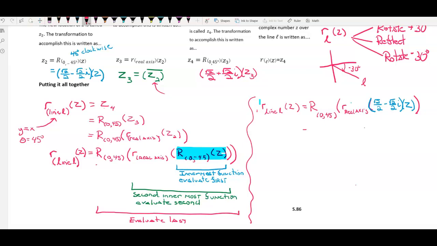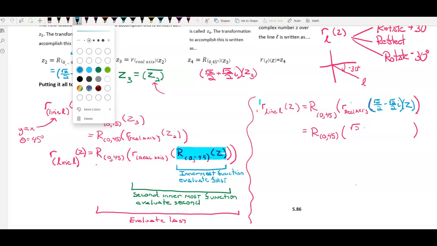So I've got R, origin, 45 degrees. Now to do this, I do the conjugate of each one of these. I'll do it in green so it's color coordinated.